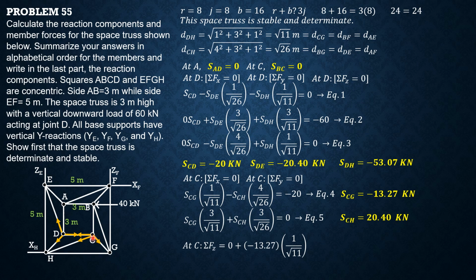Then times Z component of distance 1 over distance square root of 11 plus SCH, which is 20.4 times 1 over square root of 26. Then computing, summation forces Z equals 0. So that means our answers here are correct because we check joint C, summation forces Z is 0. So we proceed to joint B.